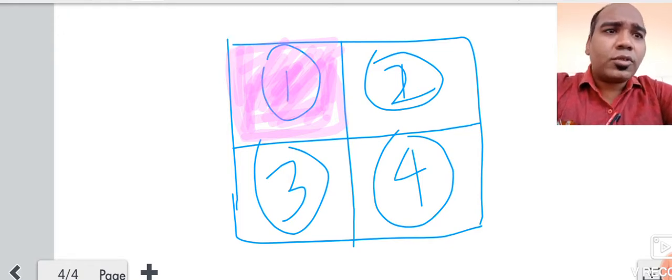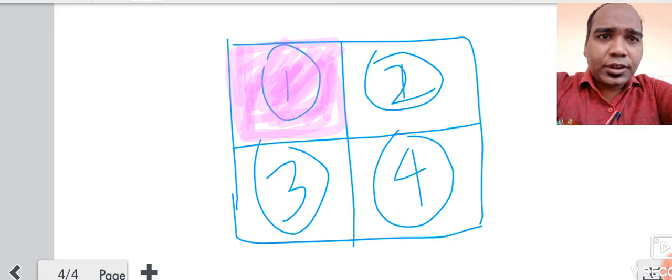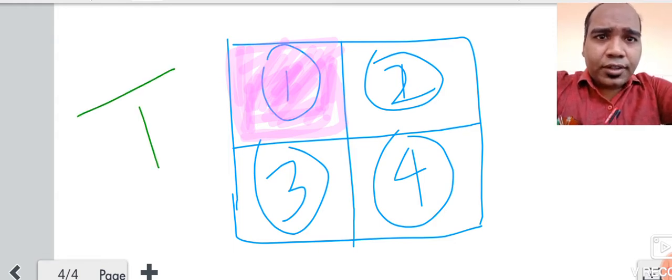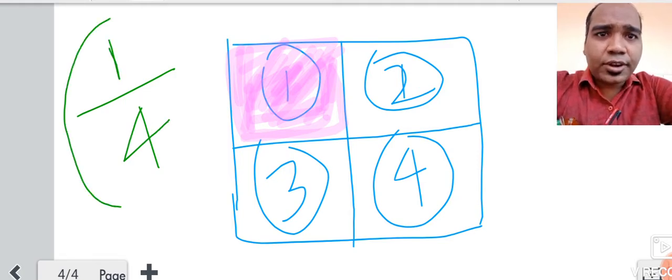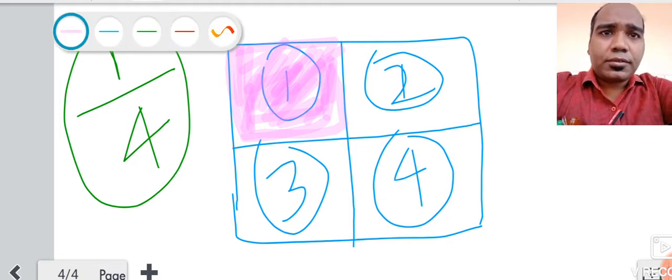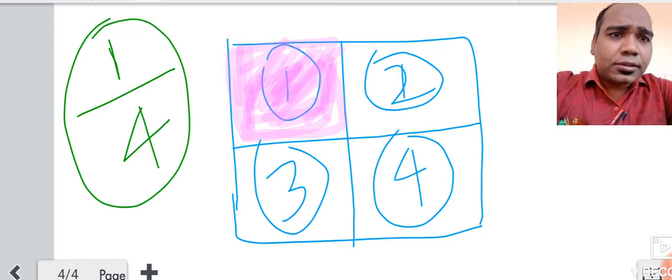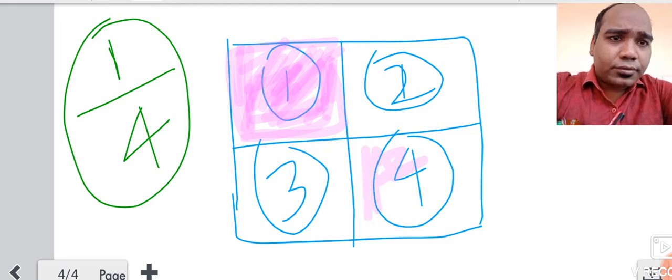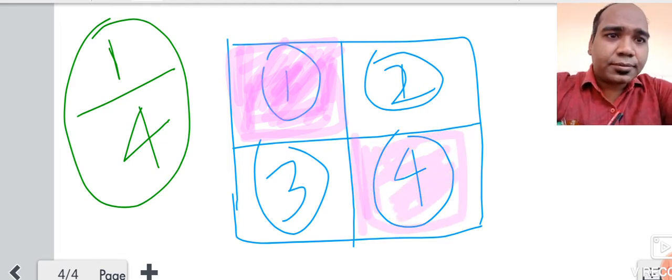So in fraction how will I write? Total 4 parts are there, out of that 4 parts, one part is shaded. So I have written 1 by 4. Got it?